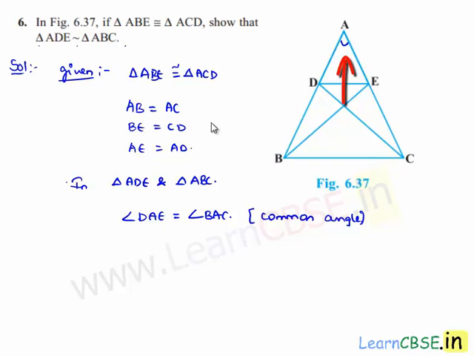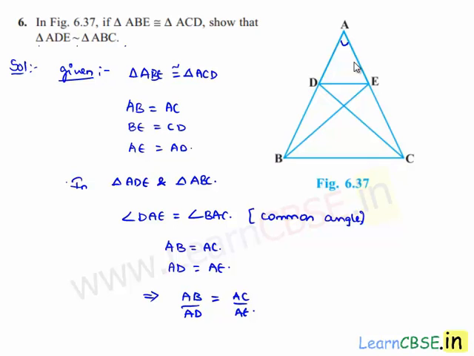Now here let us consider the two equations, that is AB is equal to AC and AE is equal to AD. Now AE is equal to AD can be also written as AD is equal to AE, which implies, let us divide both the equations, then we get AB by AD is equal to AC by AE.